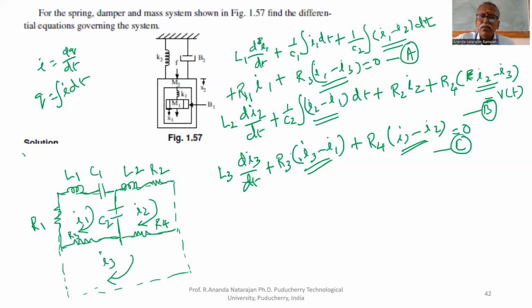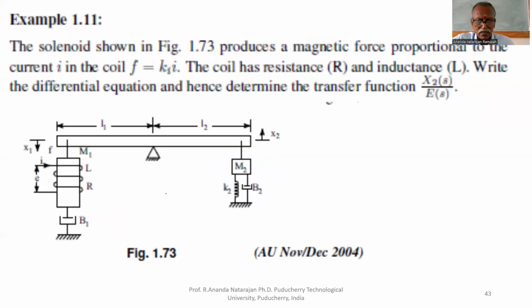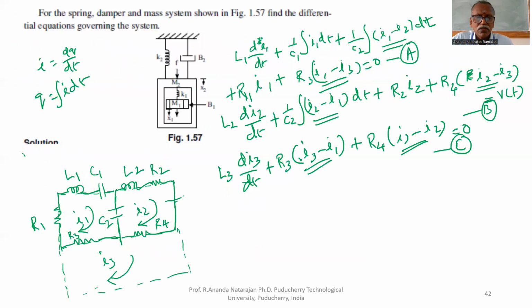Four elements are there. We can finish, but one thing is pending, that is V of t. That is in this loop only, so V of t is applied here.